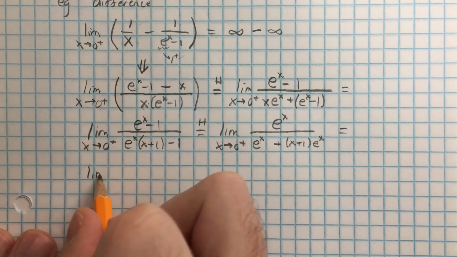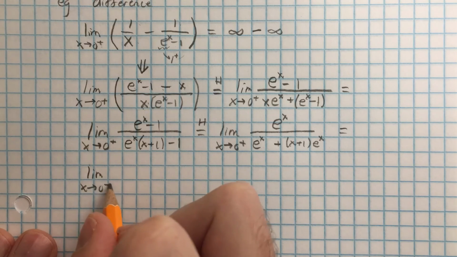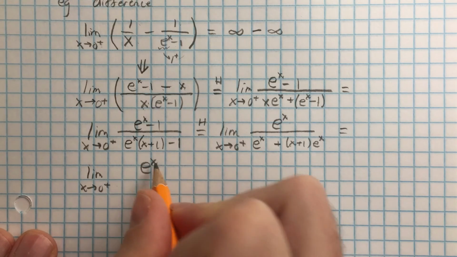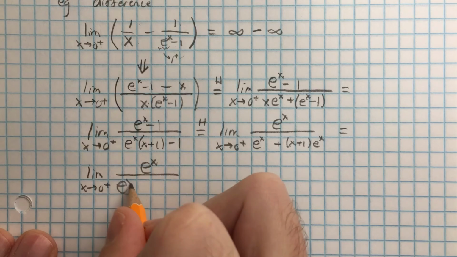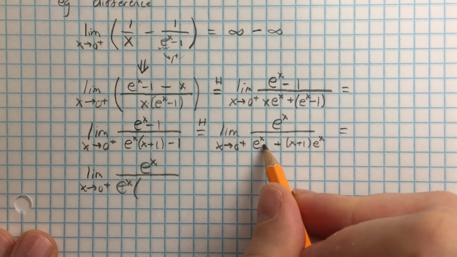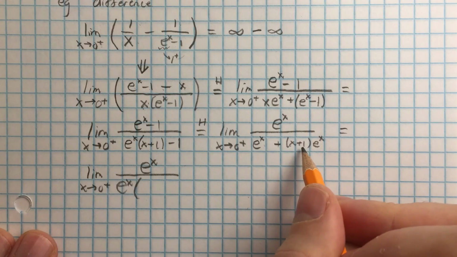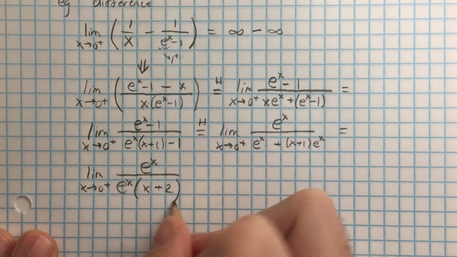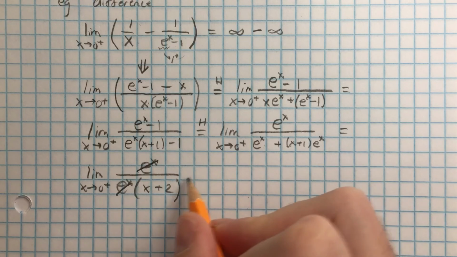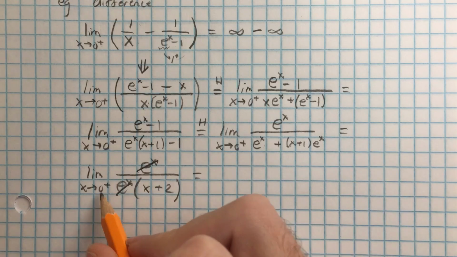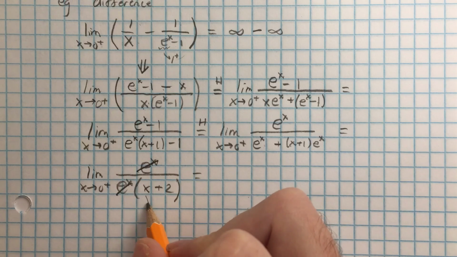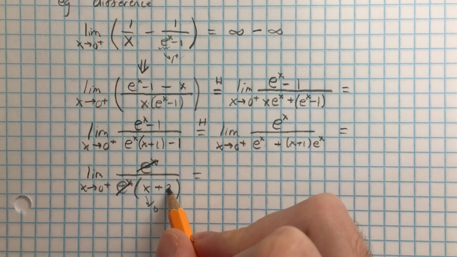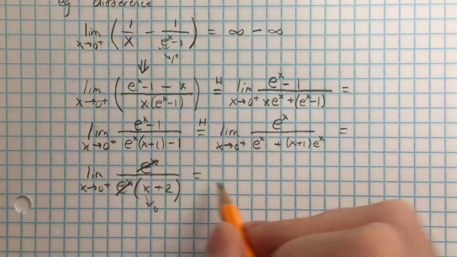So we'll have the limit as x approaches 0 from the right of e to the x over, factoring off e to the x, we'll have 1 plus x plus 1. So that should be x plus 2. These will cancel. And now as we apply the limit of x approaching 0, that means this heads toward 0, which means we have a 2 stuck here. So we have 1 over 2 is our answer.